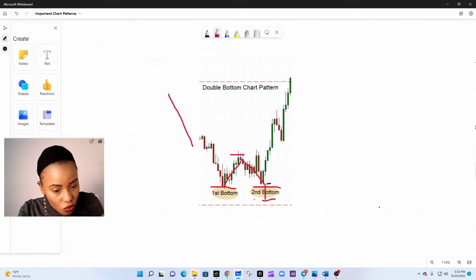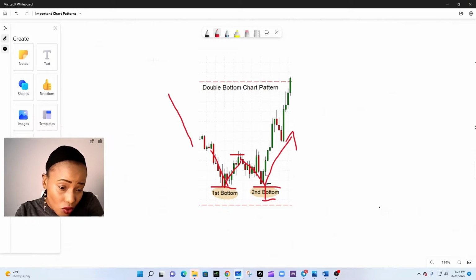So what do you do as a trader? You know this is an imminent reversal chart pattern. So the chart will form the first bottom, neckline, second bottom. Now it will definitely reverse. So you look for your entry signals. You look for that candlestick pattern that will tell you it's time to enter.